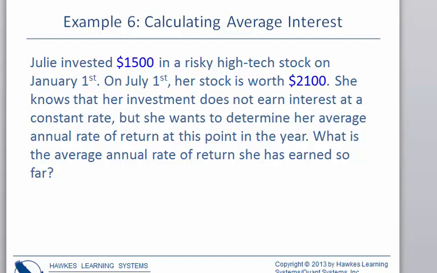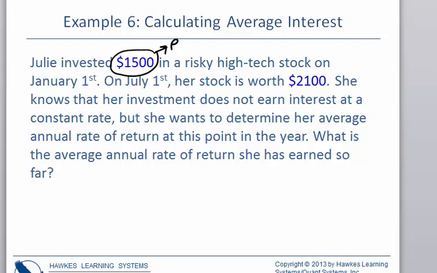So we know that her initial investment was $1,500. So in terms of an interest formula, that's going to be the P. That's our principal. That's what we started with. And we know that the interest that she earned is going to be the difference in the P and the $2,100.